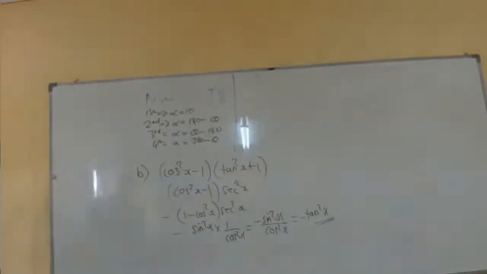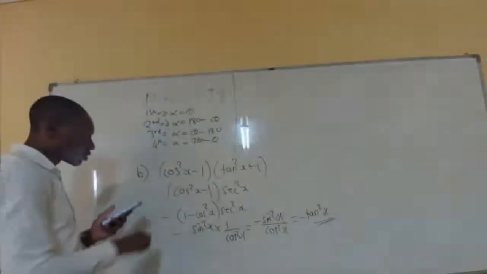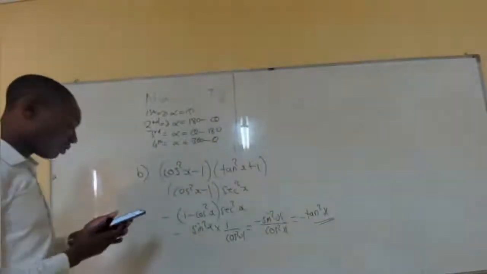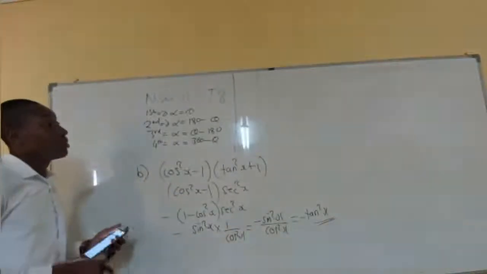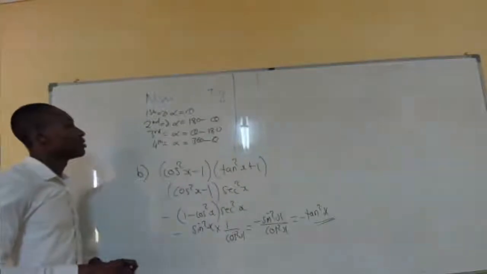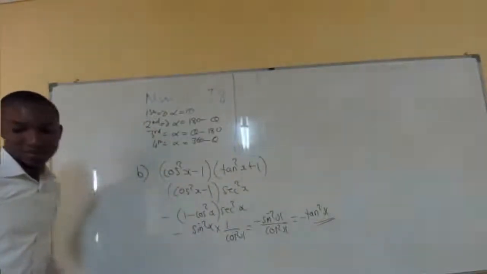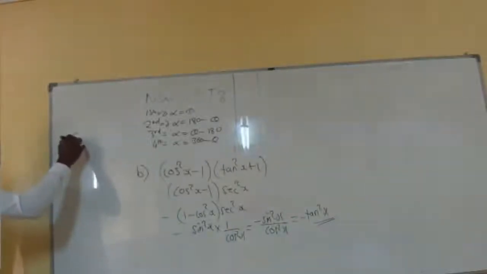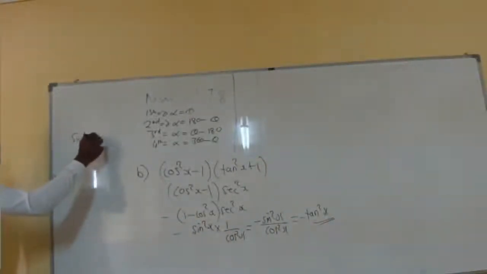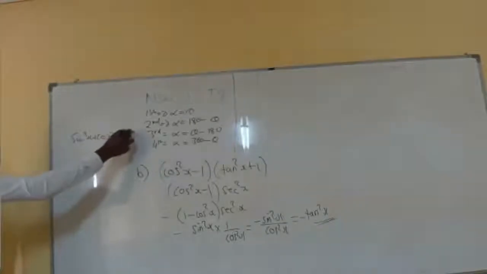Now take note of this. When I was solving this question, I know some of you would have easily concluded, remember that sine squared x plus cos squared x is actually 1, right?